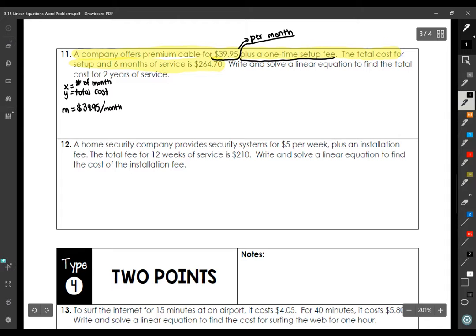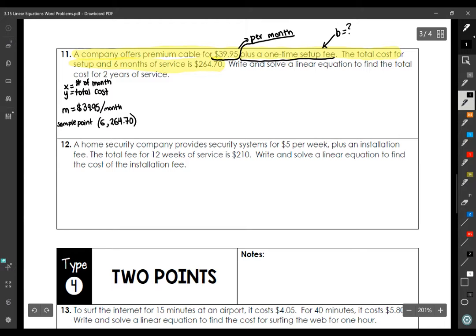Okay, we don't know what B is, right? B is a mystery to us. Okay, but we do have a sample point, right? We know that for 6 months of service, it cost $264.70.